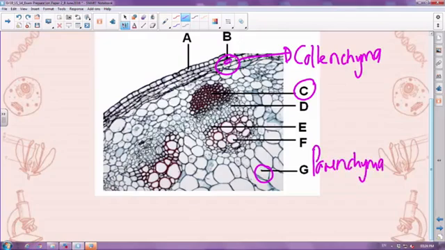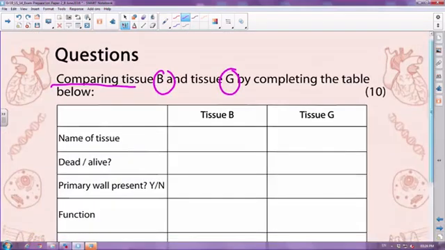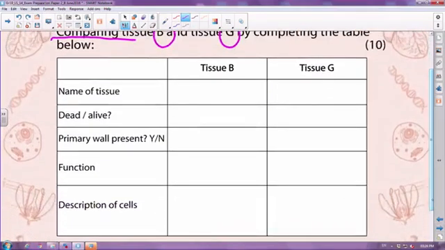Now, see how important the labels are? If you got this wrong, that's 10 marks for the label, just for the table. So we don't want to do that. Let's put in our labels over here. Our tissue B is sclerenchyma, and our tissue G is parenchyma.